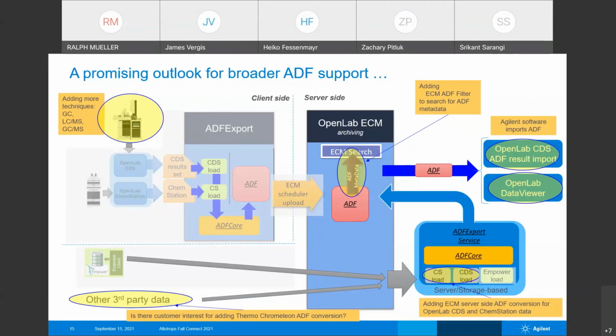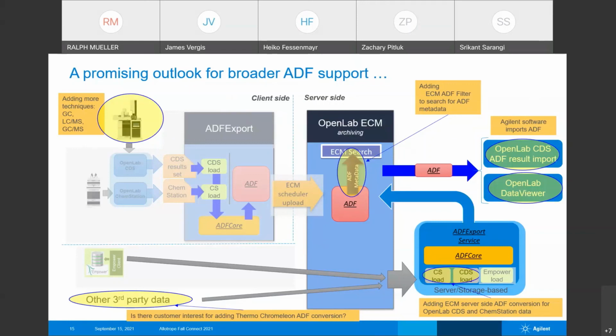So one point is thinking of different techniques. GC is very interesting for us and for our customers, but we are also thinking of bringing up the MS, especially the MS single quad. This is requested by many customers, so we think of doing a step forward there after this next release with the 1.4 release.